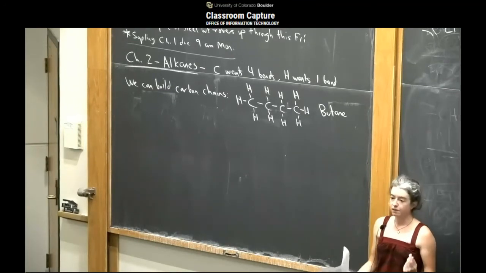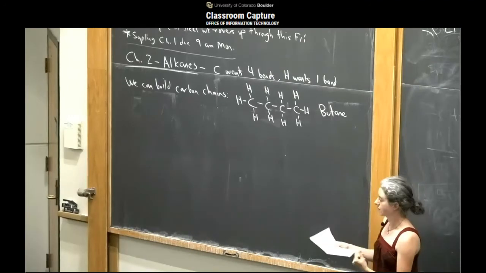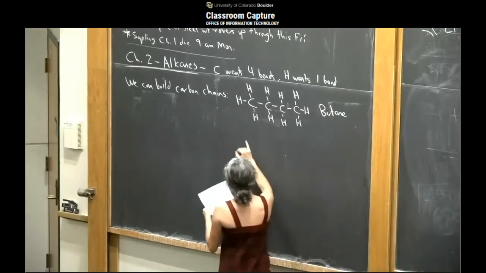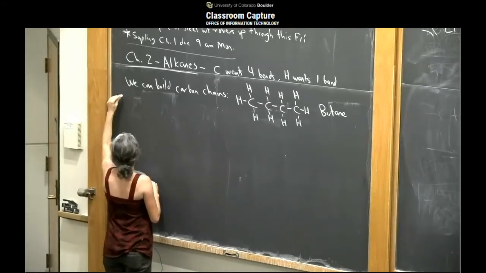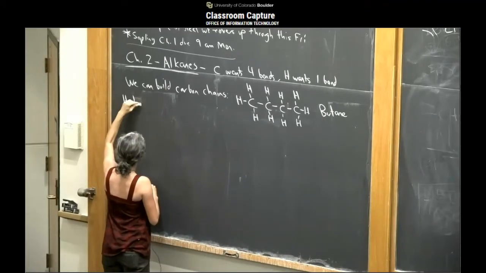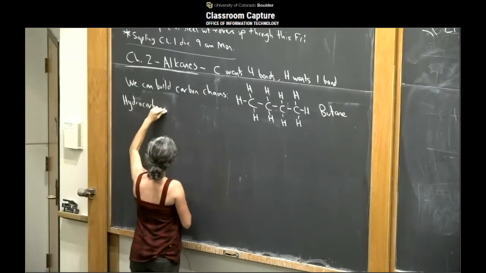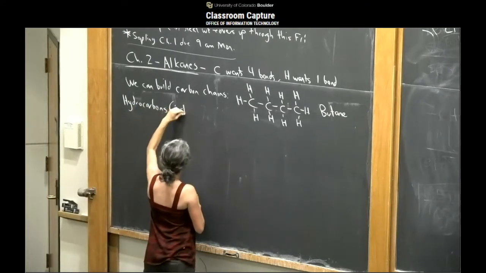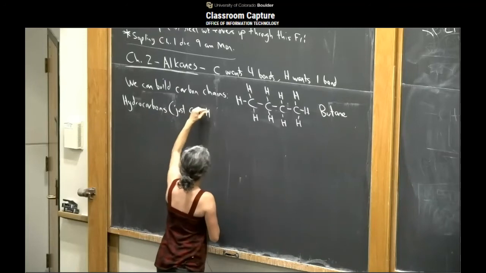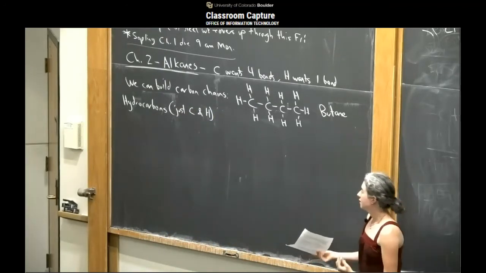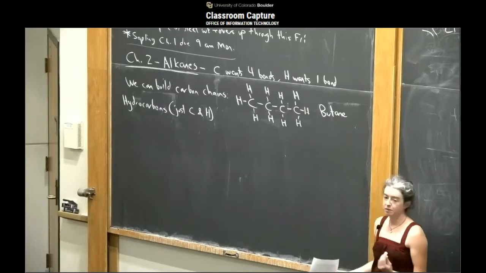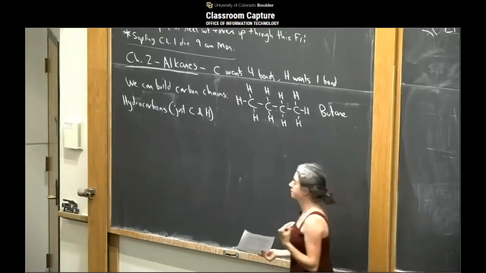So this actually gives us a basis to subdivide stuff that we're looking at in this chapter. So really, what we're looking at is a subset of hydrocarbons, which are made up of just carbon and hydrogen, like the name implies. But we can sort of break those up into different groups depending on what kinds of bonds you got between them.